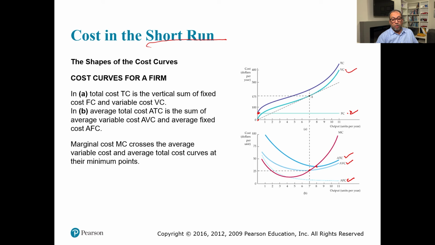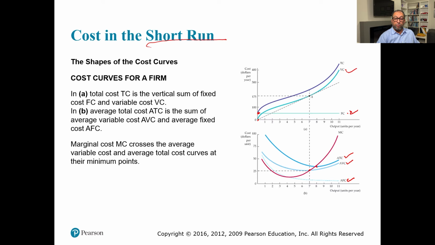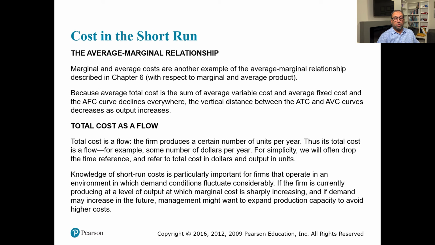So it's important to note the average-margin relationship that we discuss here. What is the relationship between average variable cost and average fixed cost with the marginal cost? Marginal and average costs are another example of the average-margin relationship described in chapter 6, what we discussed with respect to marginal and average product.